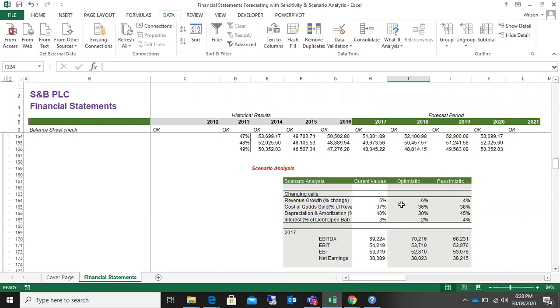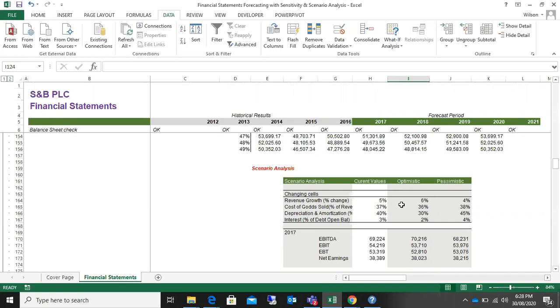What you look at is the assumptions that you gave there. You look at the assumptions holistically, right? Now you check revenue growth. Revenue growth is 5% here.